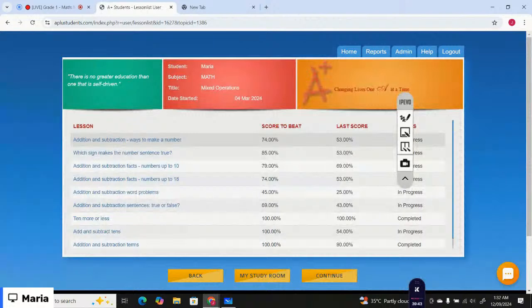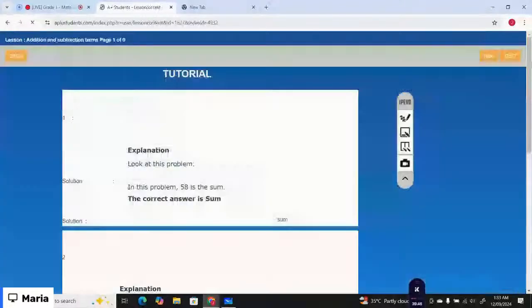The next lesson is addition and subtraction terms. Okay, so in this problem, what is 58? You are adding two numbers, that is 36 plus 22. The answer is 58. So basically 58 is the sum of the two numbers, they are 36 and 22.